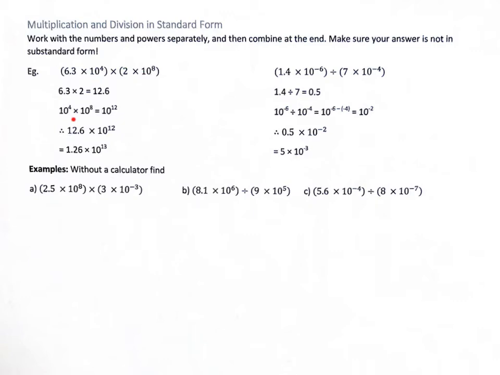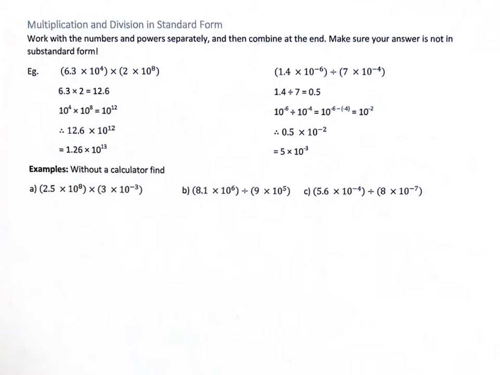Our rule for multiplying is that we add the powers, so 4 and 8 give you 12. Then we'd have 12.6 times 10 to the 12, but because this is in substandard form, because it's greater than 10, we need to express that in standard form, and that's 1.26 times 10. Combining that with the 10 to the 12 gives you 10 to the 13.